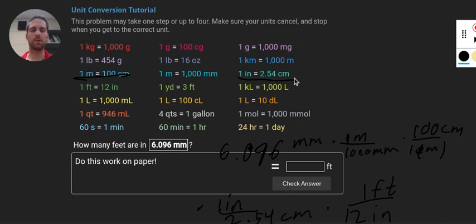Now we're in feet, so we have 6.096 divided by 10 times 2.54 times 12. And I made sure to put parentheses around all of that. So 0.02. Like so. All right, that'll be it for part 1.